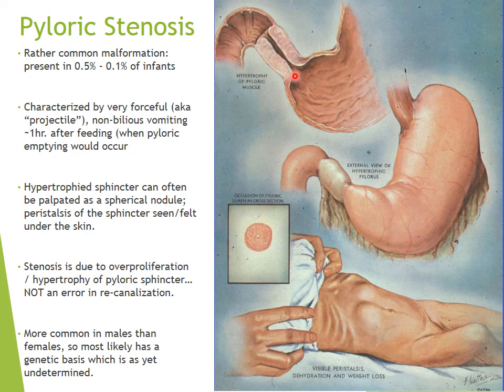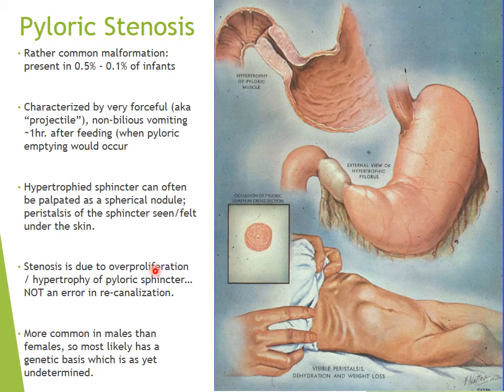So this is leading to non-bilious vomiting. Bile is not mixed with the food contents present in the stomach. So these are the typical features of pyloric stenosis: projectile vomiting and non-bilious vomiting. And it affects males more commonly than females. So this is congenital hypertrophic pyloric stenosis.